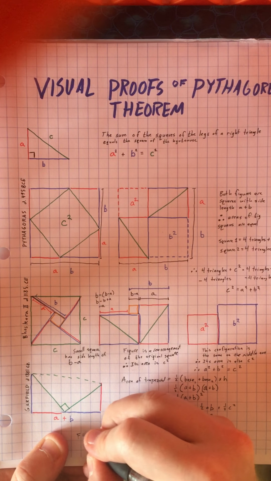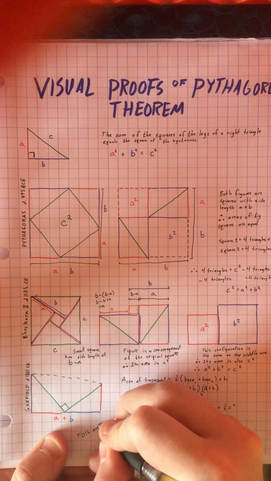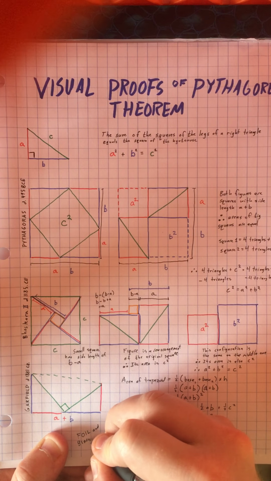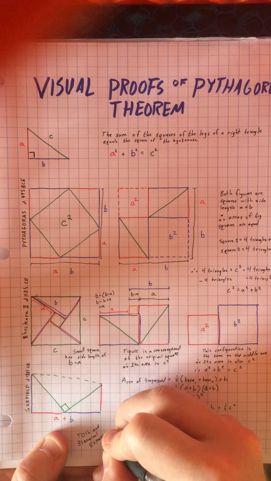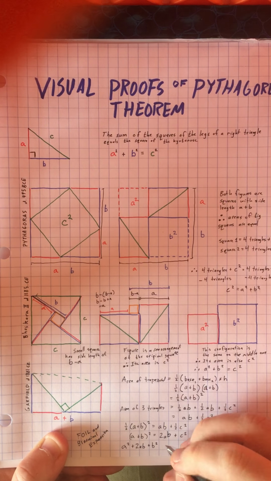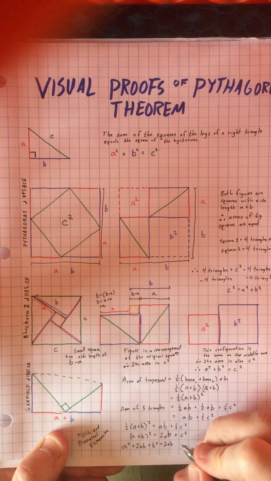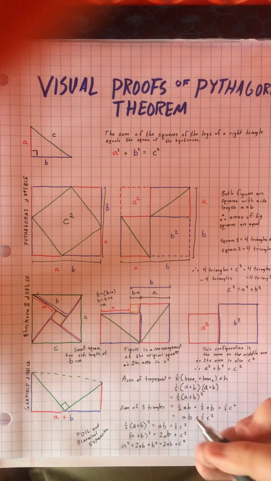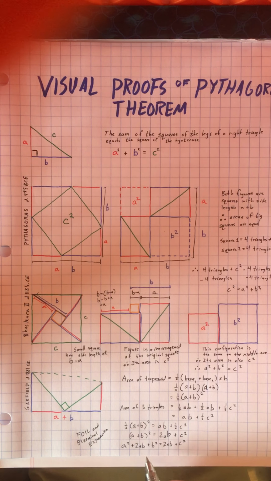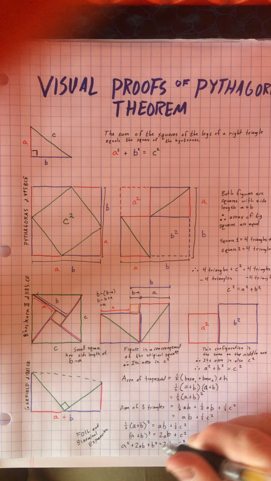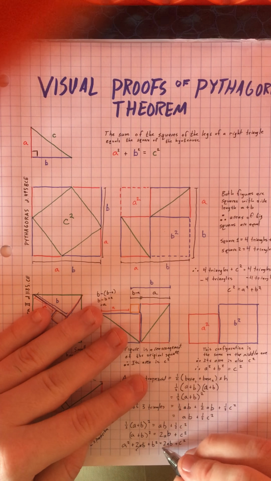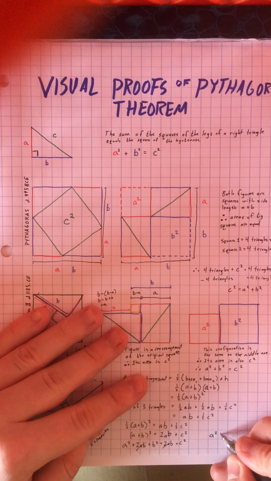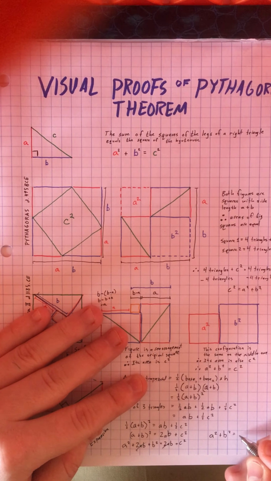Look up FOIL and binomial expansion if you want to learn more. So I've expanded this binomial, and I end up with this gobbledygook down here. Oh, but look, we have a 2ab term on both sides. Those can go away, and I'm left with a squared plus b squared equals c squared.